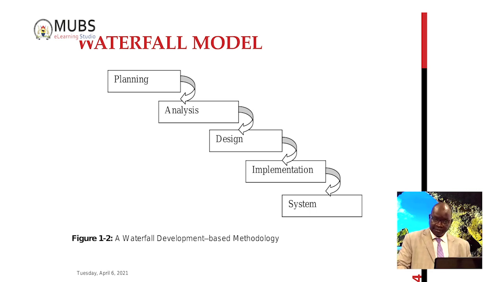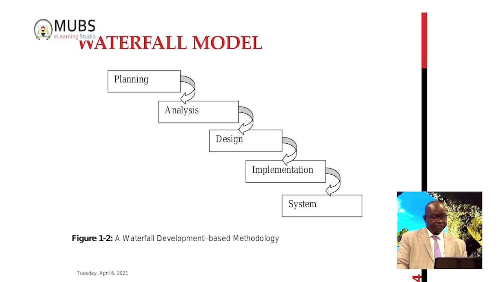So starting from planning, going to analysis, then design, finally we end with the implementation, which is the programming itself. Programming, conversion, moving from old system to new one, and how that can be done. We discuss all those. And finally, the system goes into operations and the support phase.